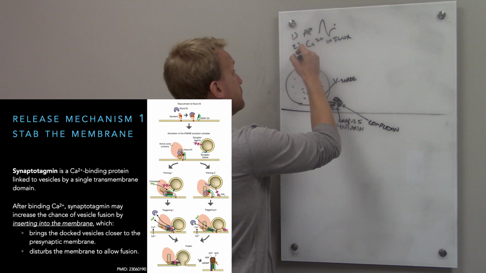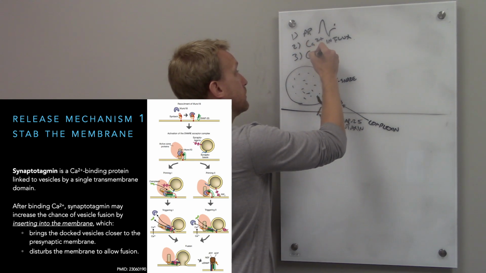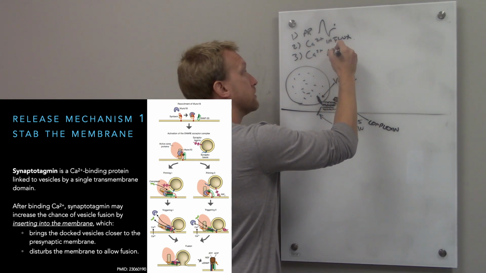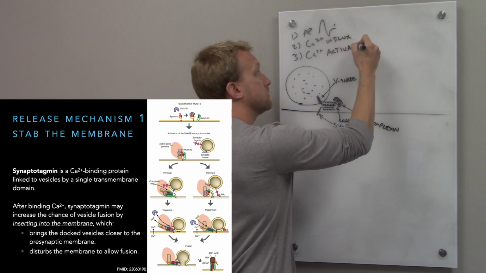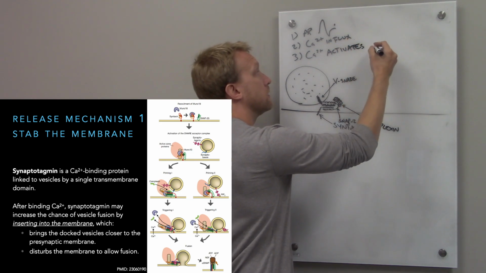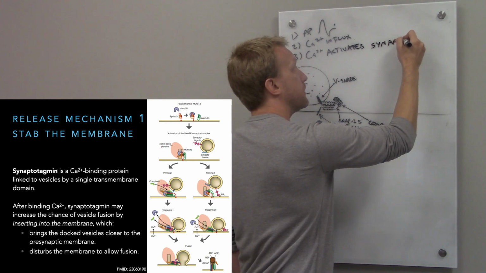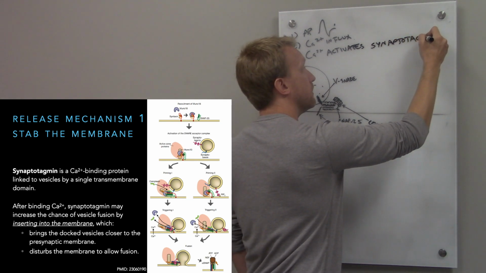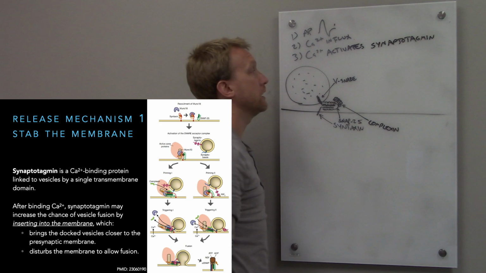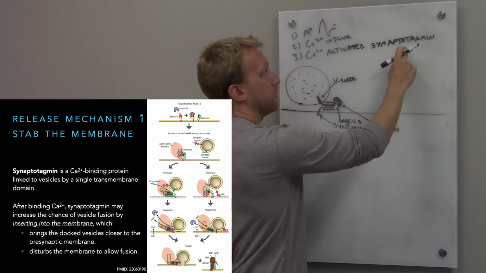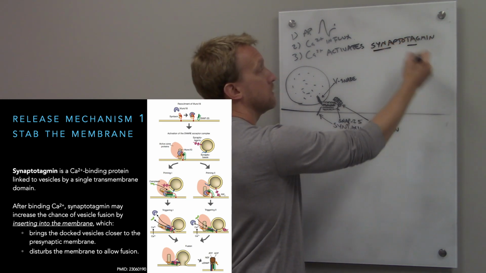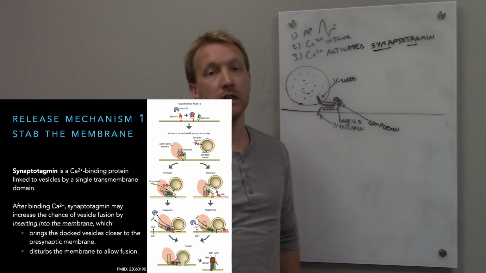So this is always true. So we'll say calcium activates synaptotagmin. Tag, you're it. So we're tagging the synapse to release neurotransmitters.